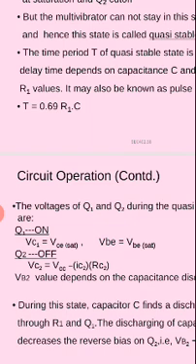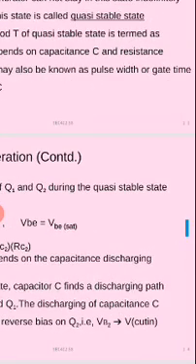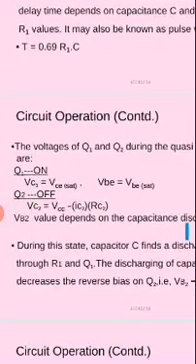When Q2 is off, Vc2 equal to Vcc minus Ic2 Rc2. Vb2 value depends on the capacitance discharging.